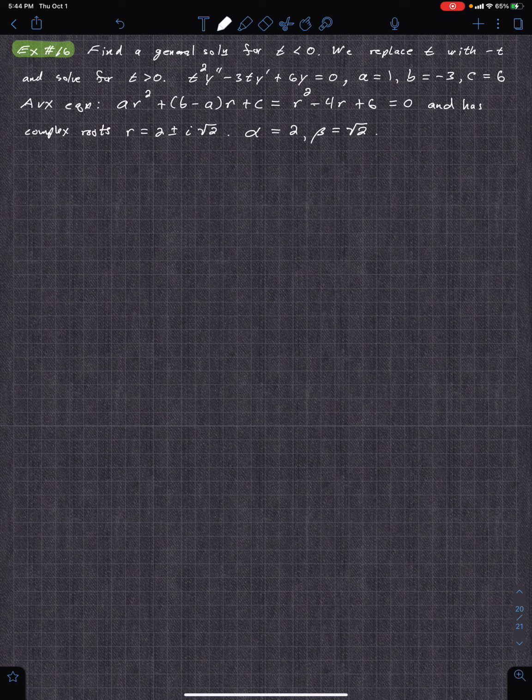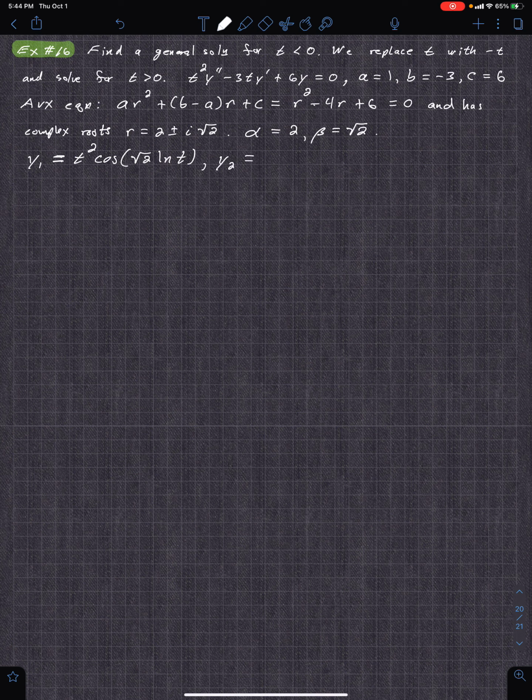Once you have that, substitute directly into your formula, y1 of t. I can leave off the t part. So y1 is t squared cosine root 2 ln t.